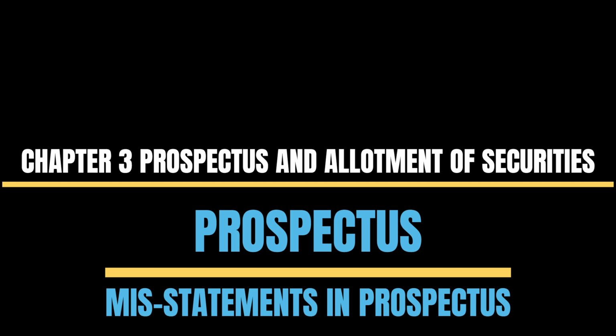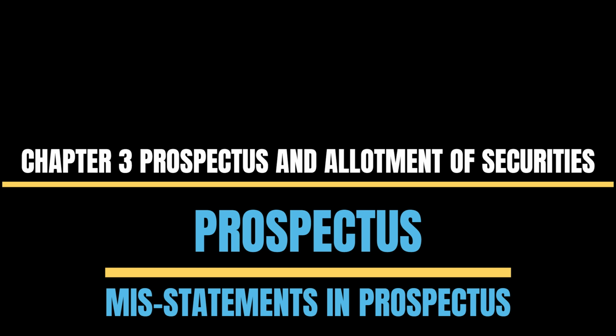Exception to liability for guilty offences under section 34: the proviso to section 34 provides the instance when a person shall not be held guilty under section 34 of this act if he proves that such misstatement or omission was immaterial, or he had reasonable grounds to believe and did, up to the time of issue of the prospectus, believe that the statement was true or the inclusion or omission was necessary.